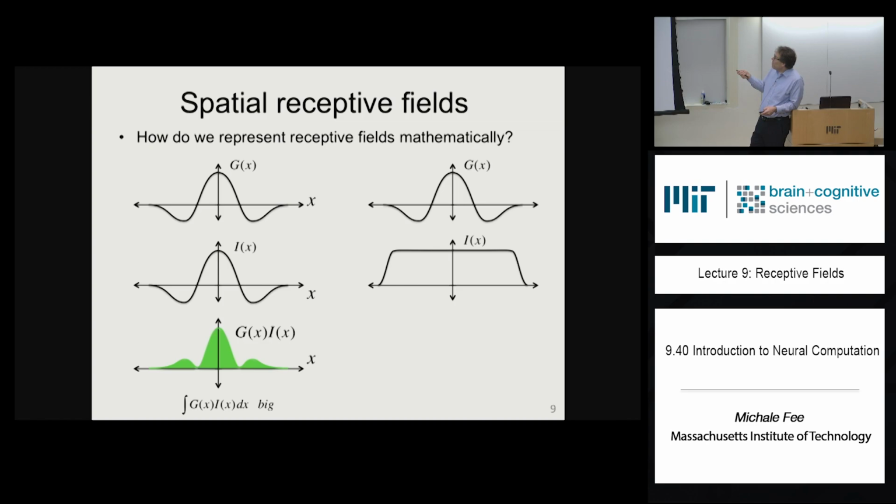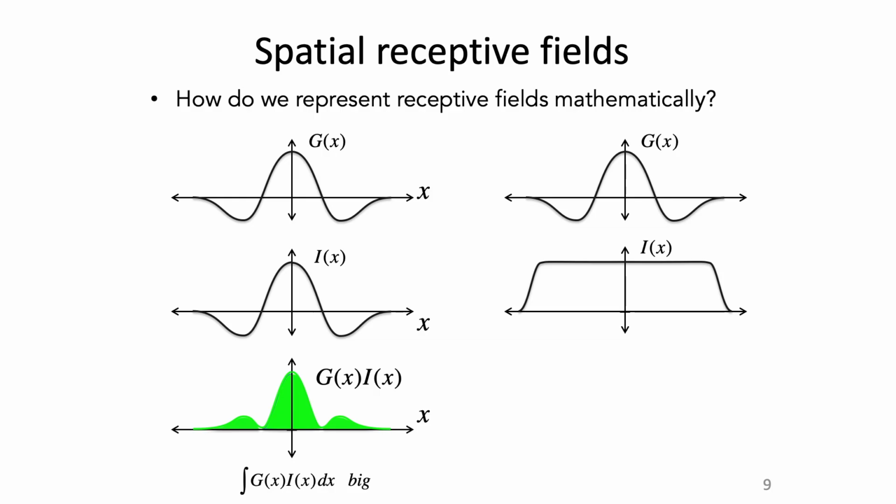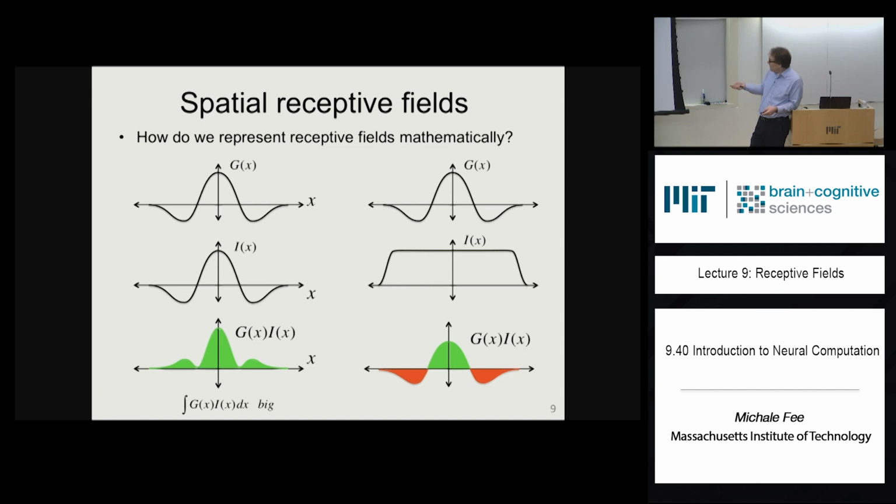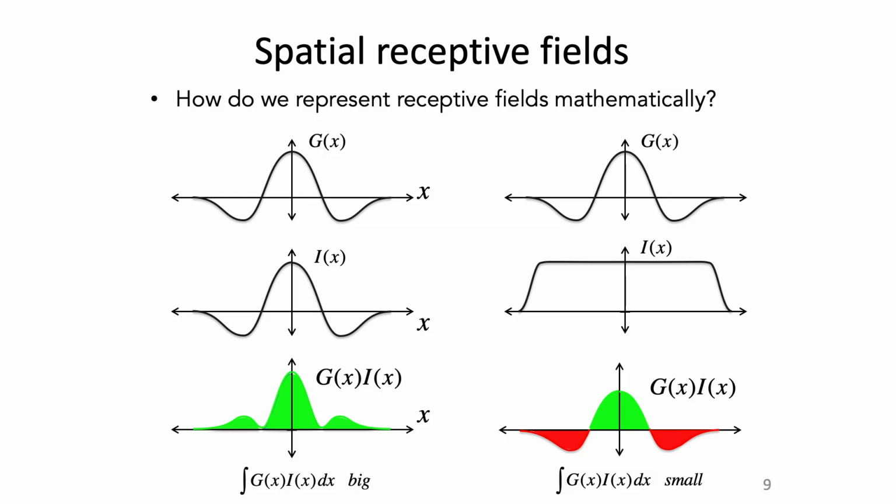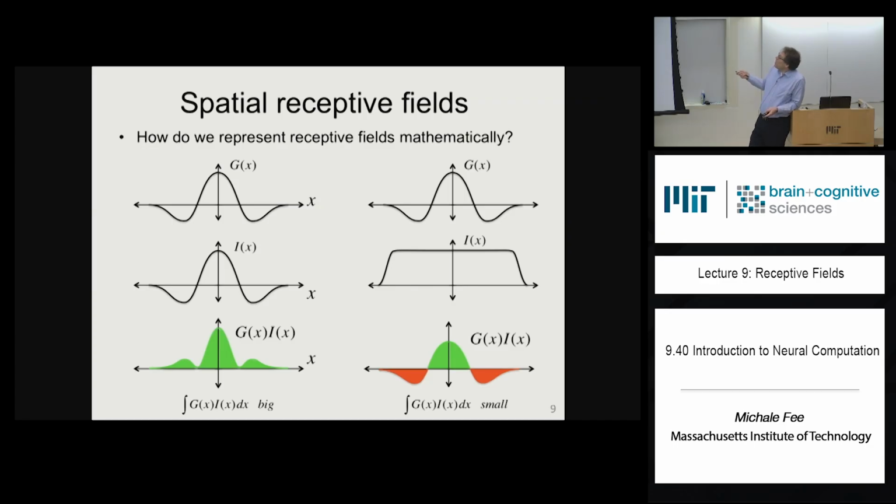Yeah, you're going to get a positive times a positive here, and a negative times a positive, and so you're going to get negative contribution from the side lobes. And those things can exactly cancel out when you integrate over position, and so you can get a very small response, okay? I'm not going to go through this example, but it's pretty obvious.